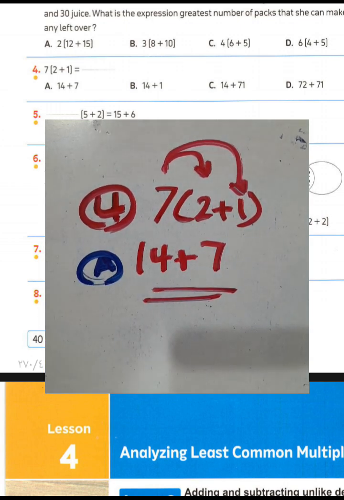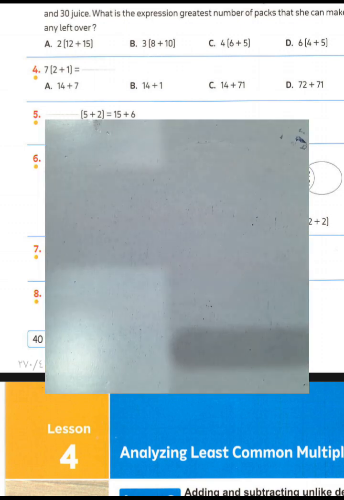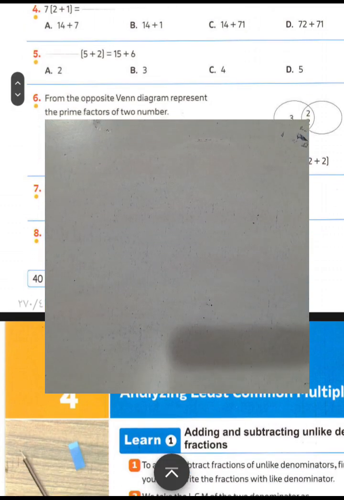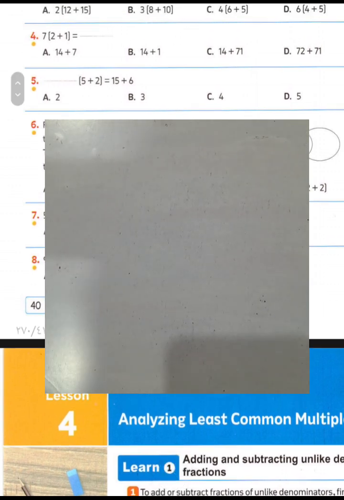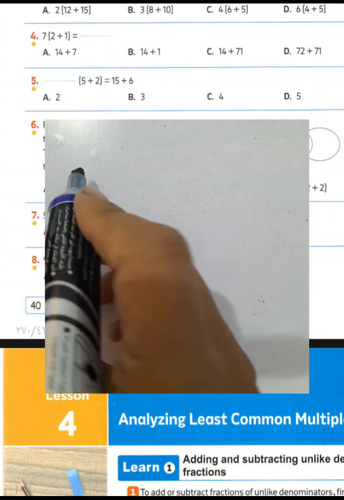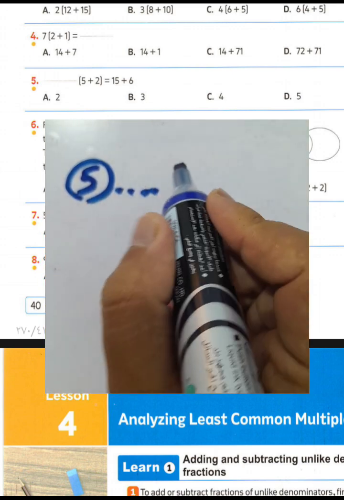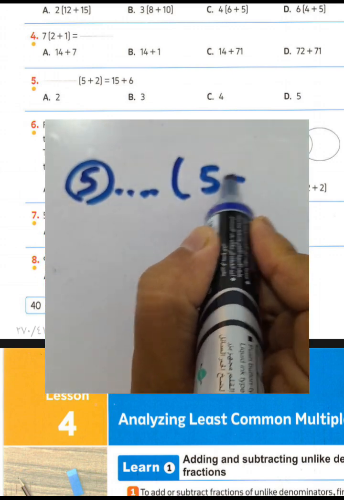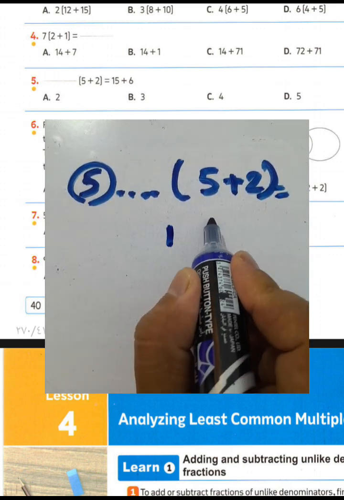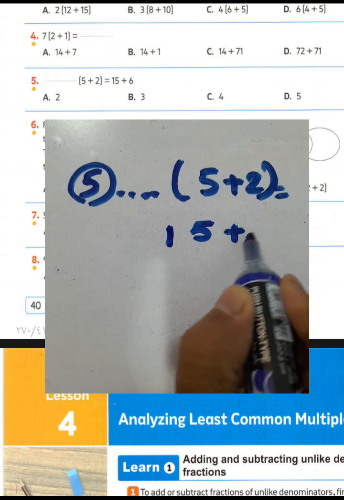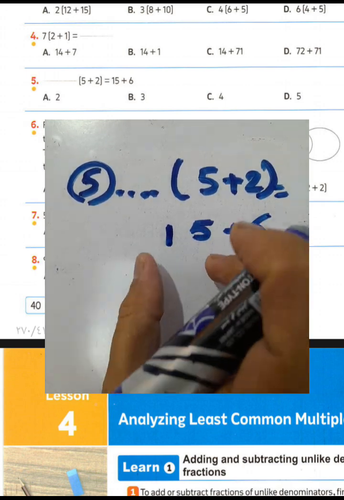Question number 5. Space multiplied by 5 plus 2 equals 15 plus 6. We know 15 plus 6.